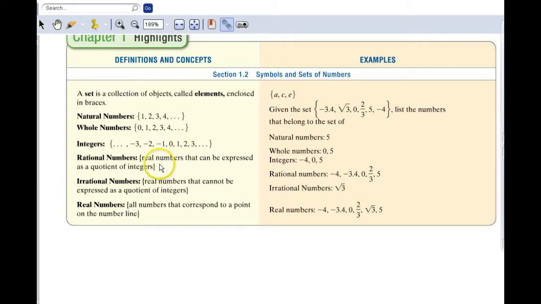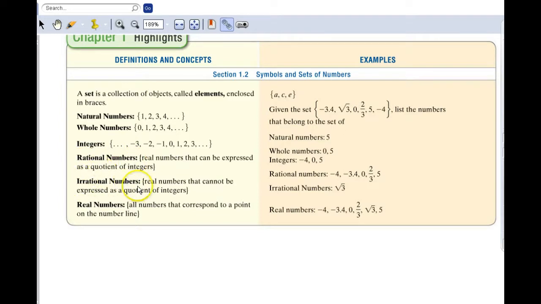And we had said that when you convert a fraction to a decimal, if the decimal terminates, like 1/2 is 0.5, or the decimal repeats, like 1/3 is 0.3333, you put a repeating bar over it. These, plus all of these others, by the way, are the rational numbers.